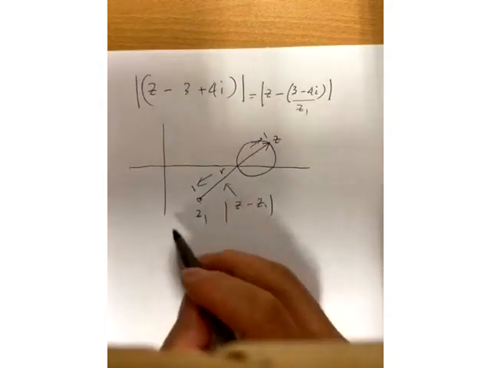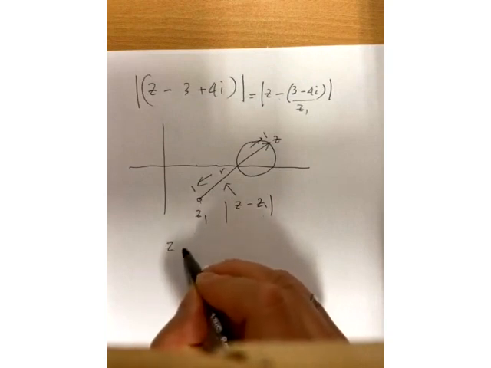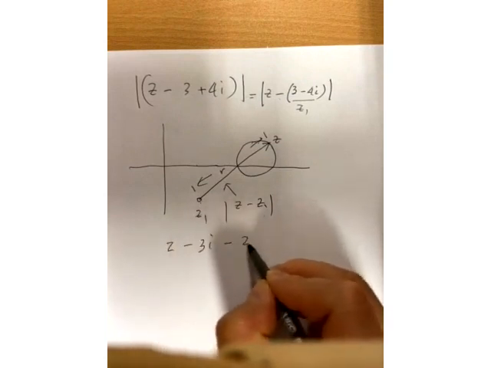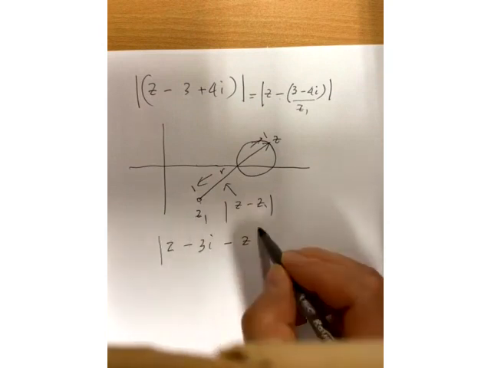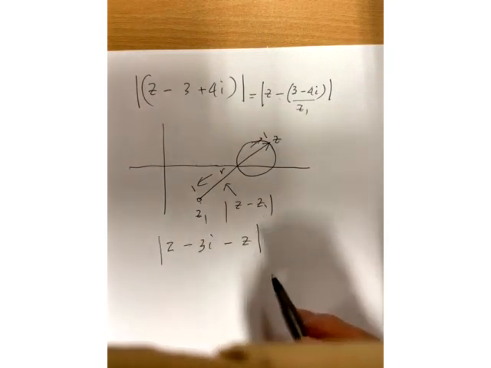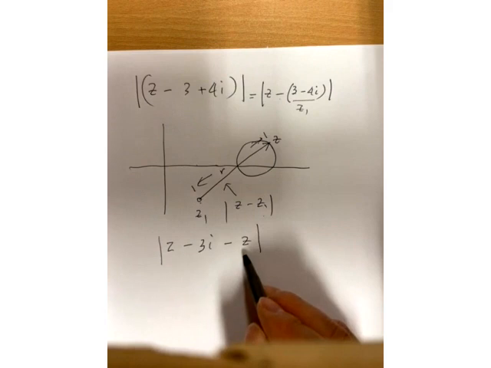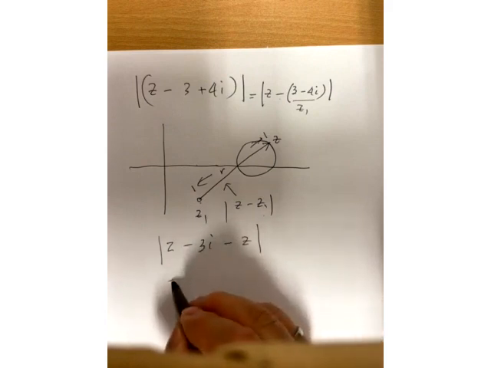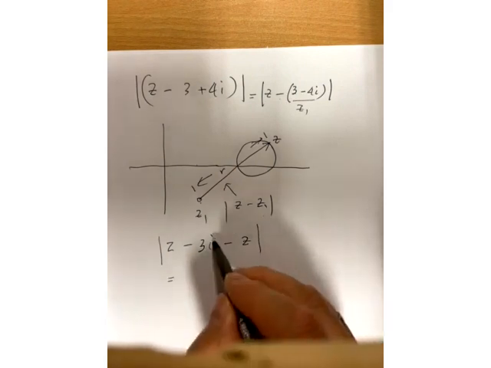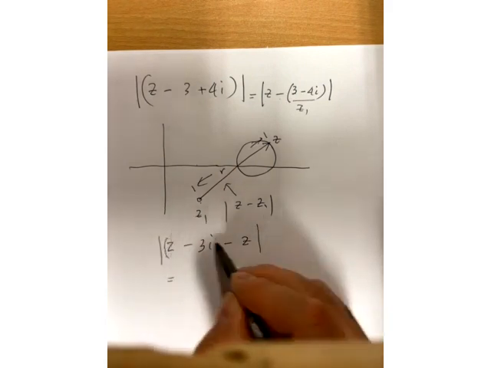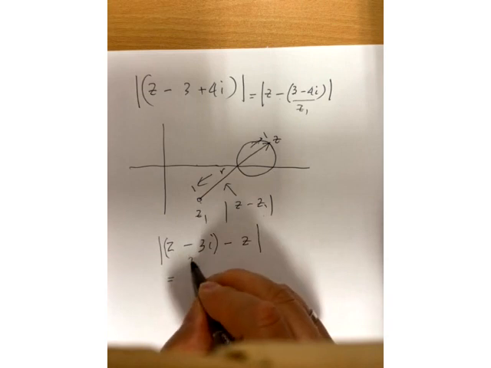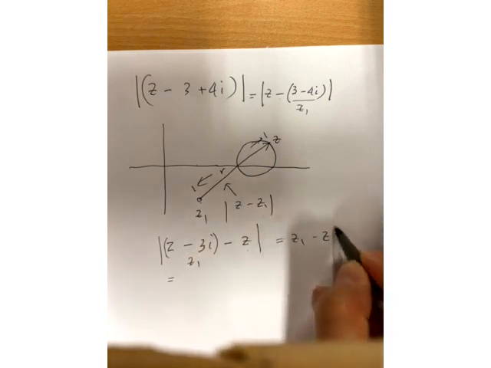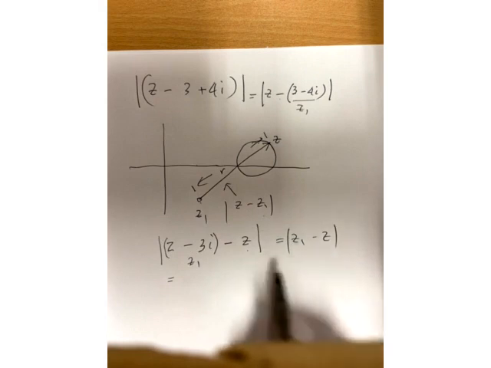On the flip side, say it says 3 minus 3i minus Z, let's say. How do you change this into a Z? This is already Z1, and that's Z. So it's in the form of Z1 minus Z. Well, that's the reverse.